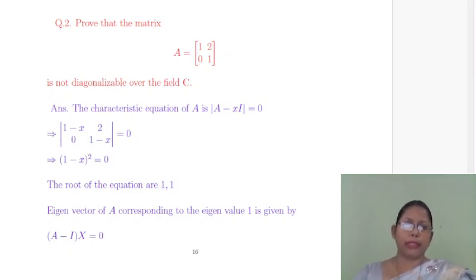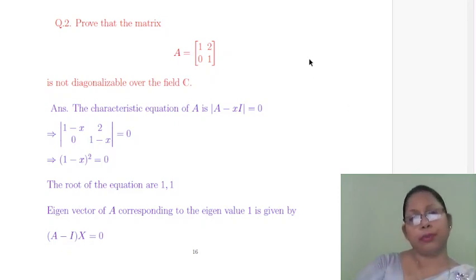Here A is a 2 by 2 matrix. Put the identity matrix of order 2 by 2, that is 1, 0, 0, 1, and subtract it from A. That means from the diagonal elements you subtract x, that is 1 minus x, 2, 0, 1 minus x. Then expand the determinant, I will get this one.